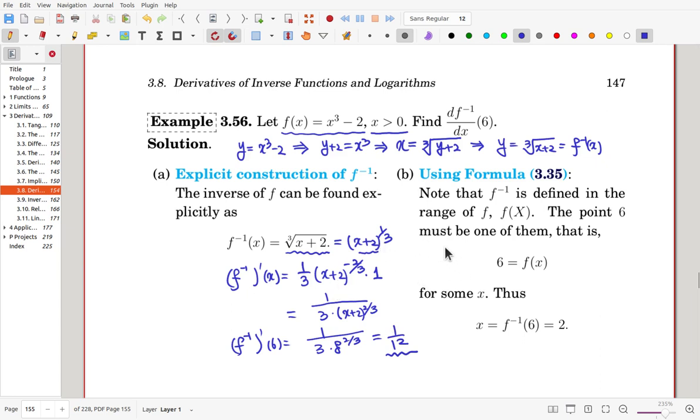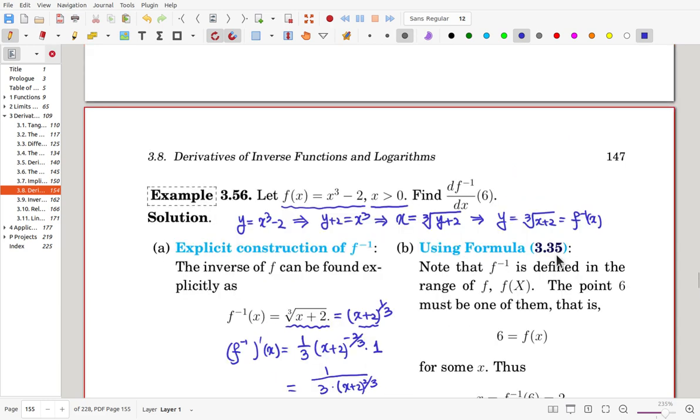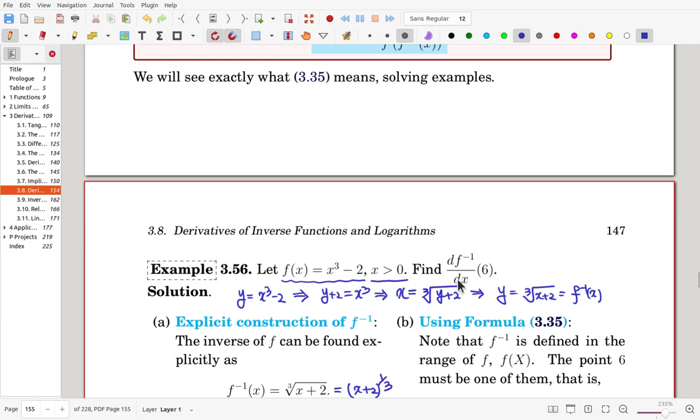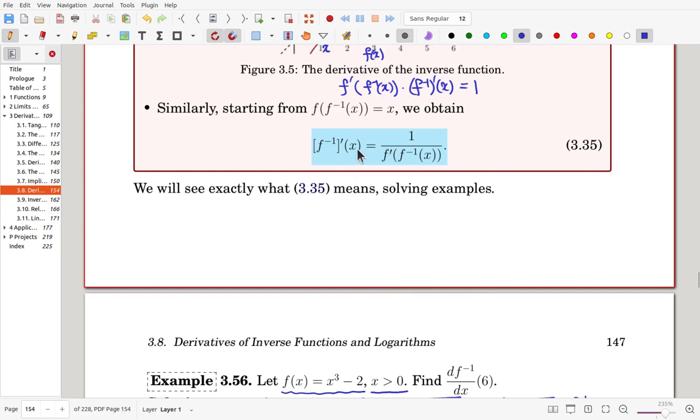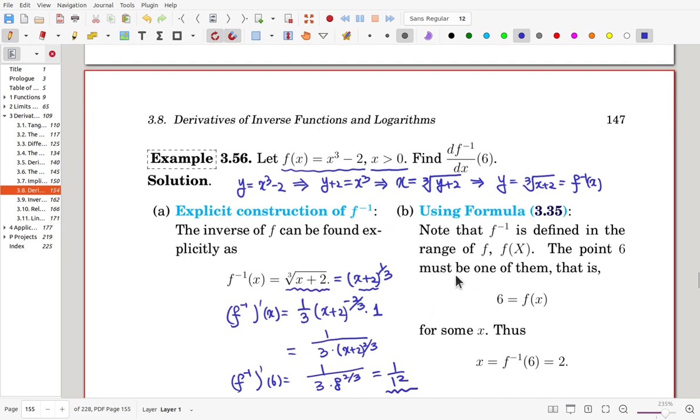Now we'll try to use the formula. Here, the derivative of f inverse at 6, that is exactly over there. So for given x, we have to find f inverse of x, so that if we are following the formula, then this quantity must be the same as 1 over f prime at f inverse of 6.